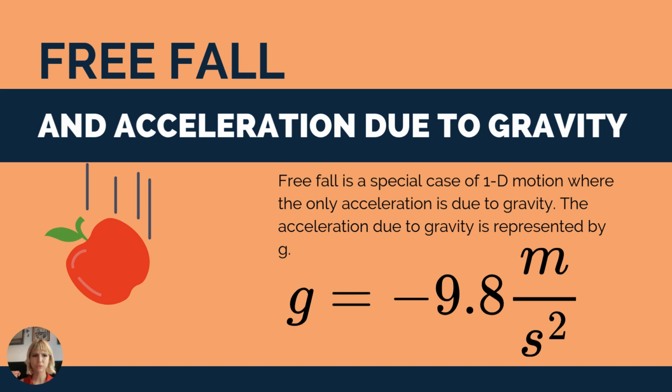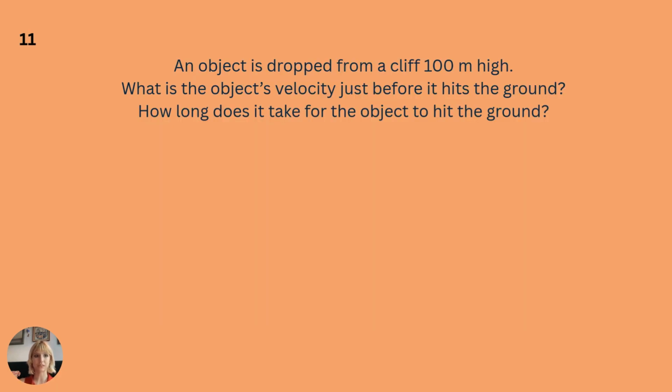And so there's this really cool experiment, and I encourage you to look up this video where people have in a vacuum chamber a bowling ball and a feather, and they drop them at the exact same time, and it's a really beautiful demonstration of the acceleration due to gravity, and they fall at the exact same rate. So we can use this acceleration due to gravity to find the rate of anything that is falling, regardless of its mass.